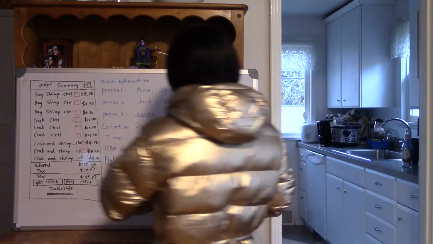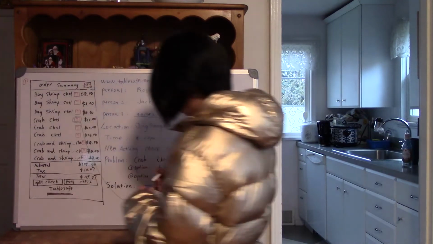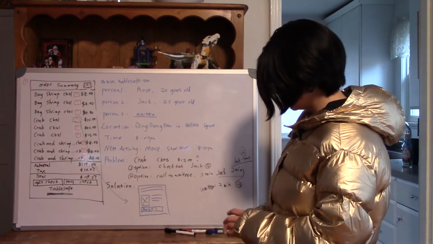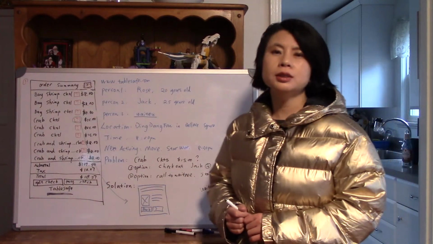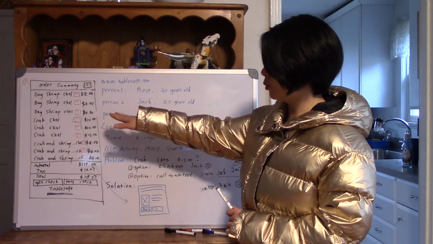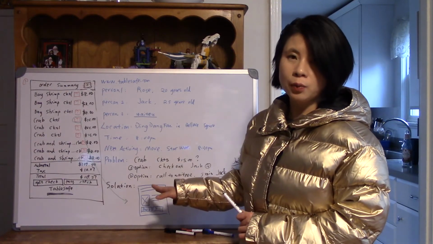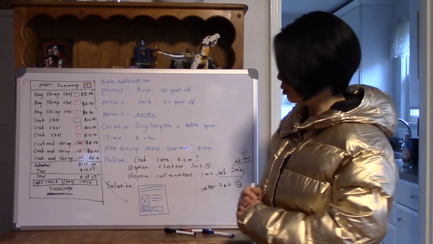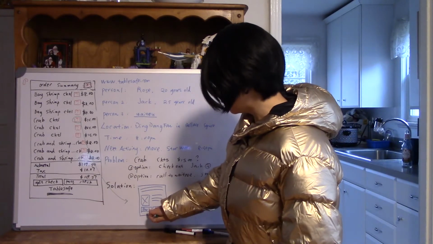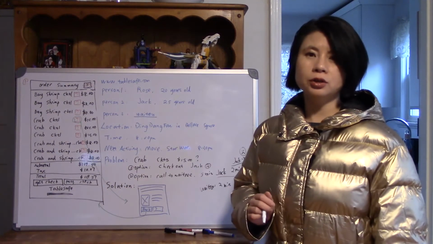Now I give Jack two options. Option one is that if Jack really understands that the crab cocktail in the receipt exactly matches the menu, he can go back to the first page and continue to check out.